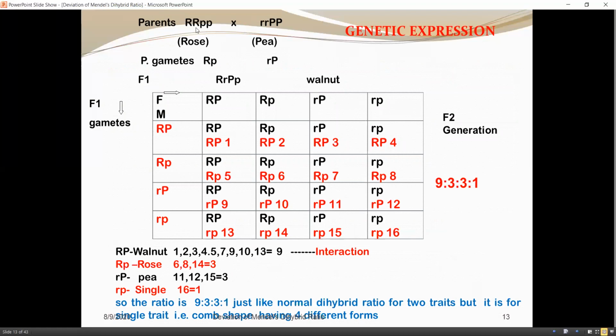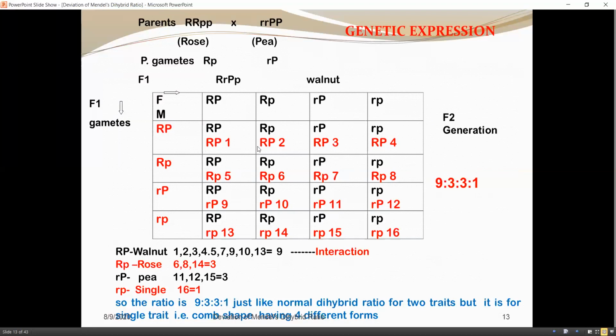Now, it can be seen by checkerboard, Punnett's square, and here we can see the parents are rose and pea, where capital R, small p is crossed with small r, capital P. F1 will be walnut because it has both capital R and capital P. And in F2, the ratio becomes 9:3:3:1. 9 is walnut.